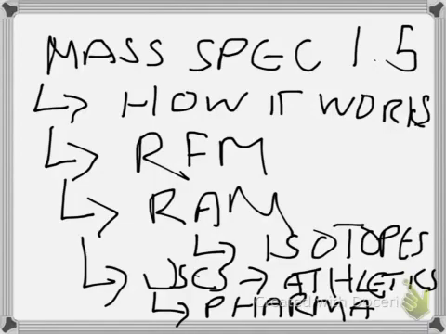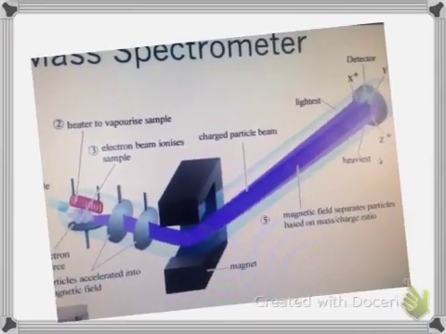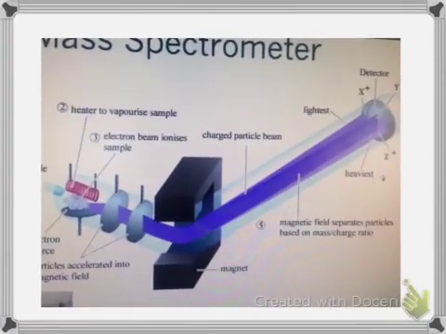Okay, so if we go on and look at what actually happens in a mass spec and how it works, we can see we've got different stages. We start off with our sample here. That sample is passed into a heater, and the heater vaporizes the sample.